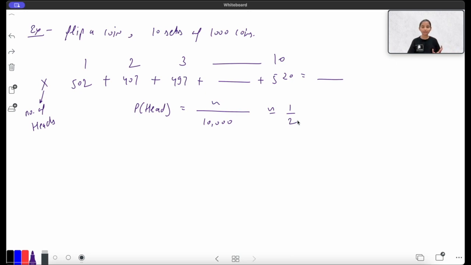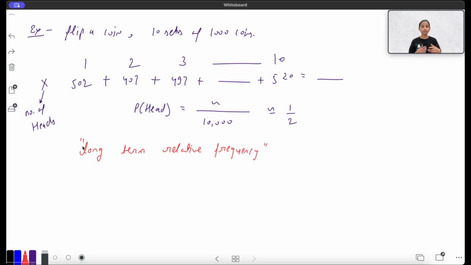So whenever we say that I'm tossing a fair coin, we are actually talking about long term relative frequency.